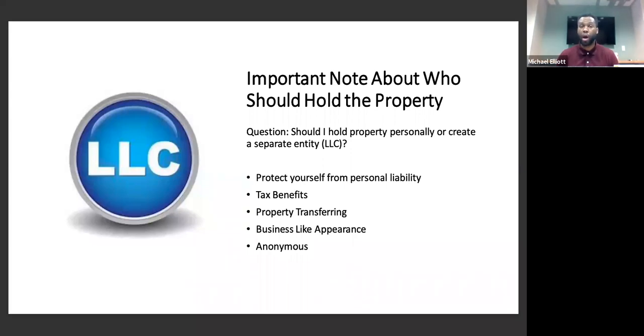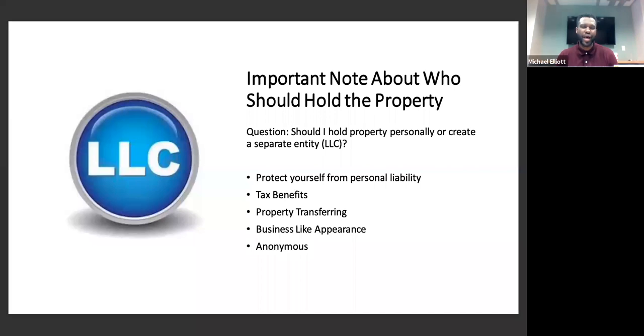When it comes to property transferring, it makes that process a lot easier as well. And then it gives you a business-like appearance. When you're doing business out there, you want to make sure that you're positioning yourself in the best light, and putting your business property within a business name gives some folks more confidence that you're serious about this type of investment.